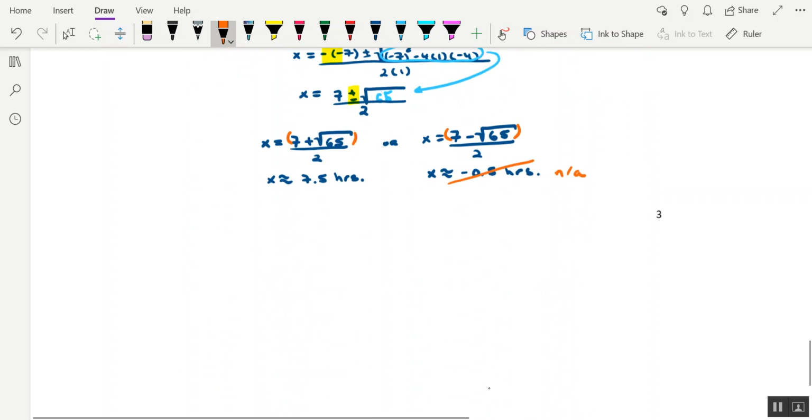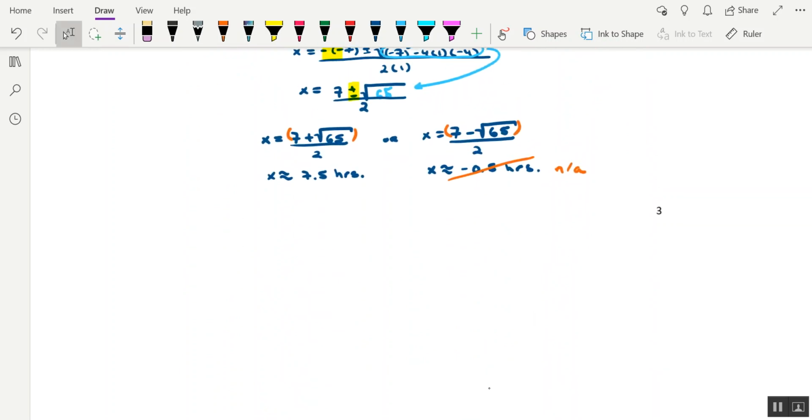So far we just have x, and x is 7.5 hours, meaning that for Billy, his time is going to be 7.5 plus 1, which is 8.5 hours. So that's officially how long it would take Billy to clean the house should he be working alone.